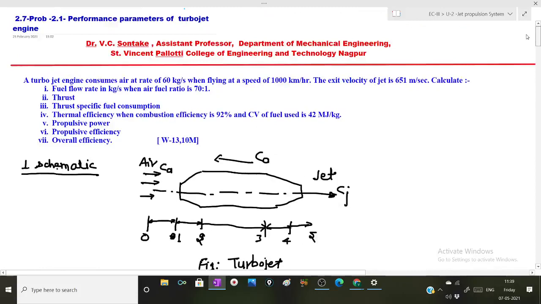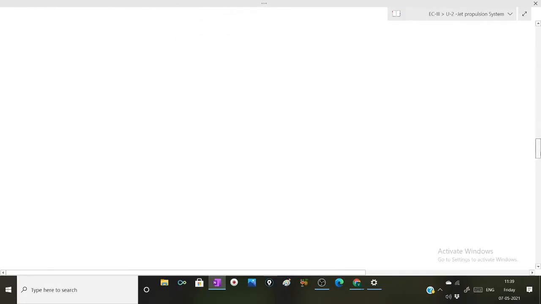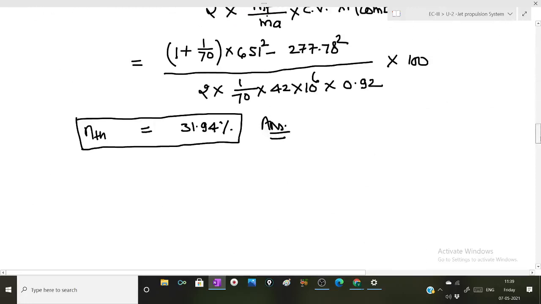Now, fifth one is propulsive power, sixth one is propulsive efficiency and seventh is overall efficiency. So fifth one is propulsive power.